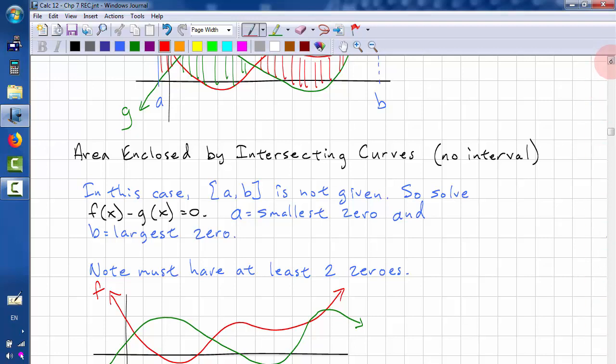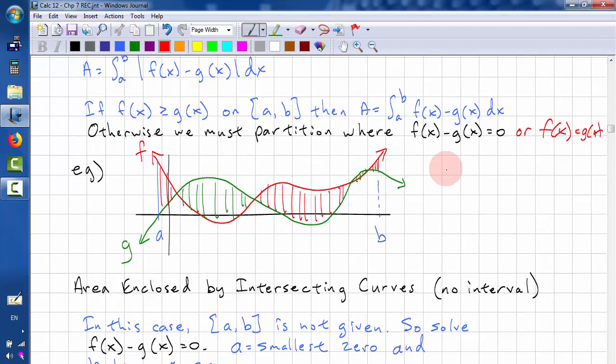Sorry, let's go back. Here we have 1, 2, 3, 4 zeros, and we have 5 partitions. This is a general case, not a specific case. And we also have 2 boundaries.